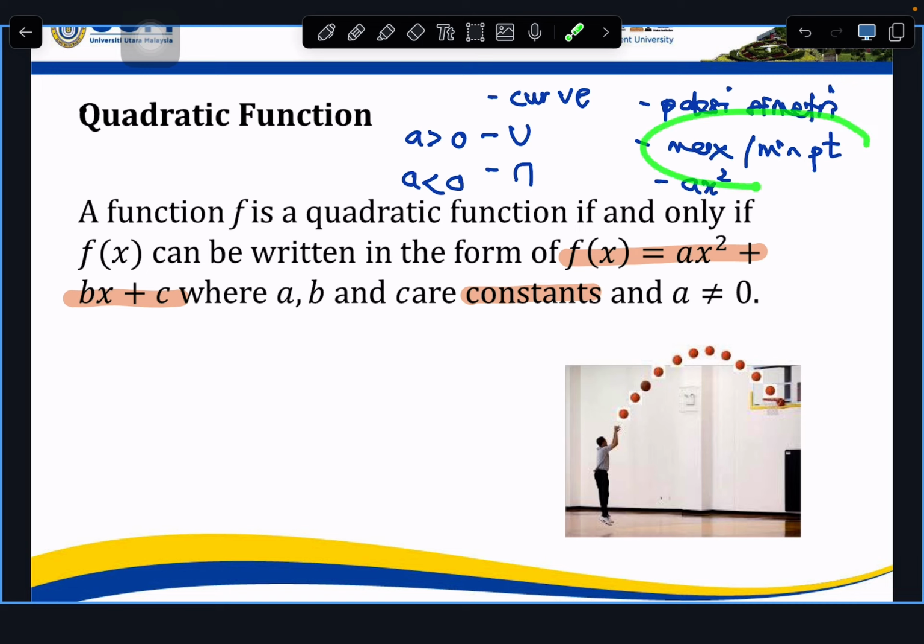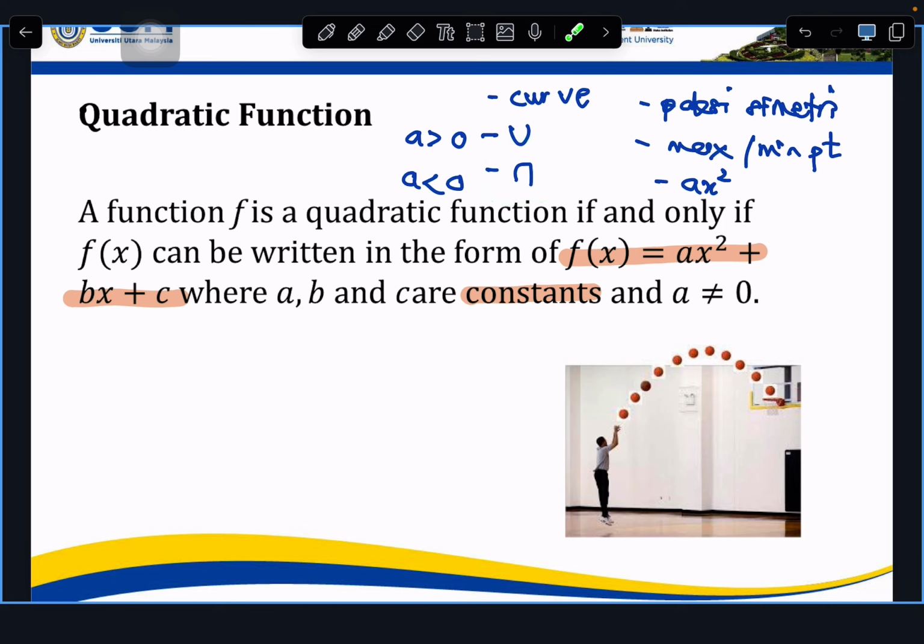Okay, so maximum and minimum point. What is maximum, guys? The highest point. Minimum point? Lowest point. So if we have this curve, when our a is greater than 0, this is our curve, correct? What point do we have? Minimum. Okay, so if our a is less than 0, and this is our curve, what point do we have?